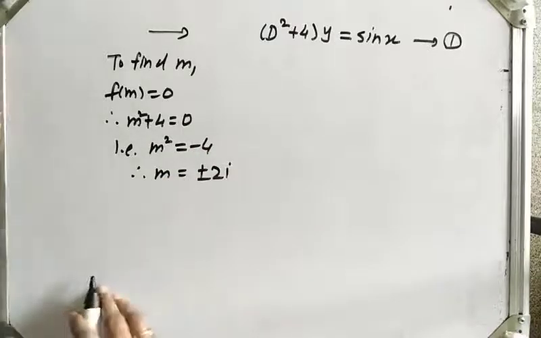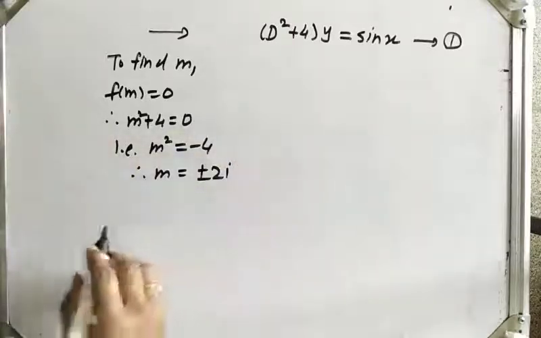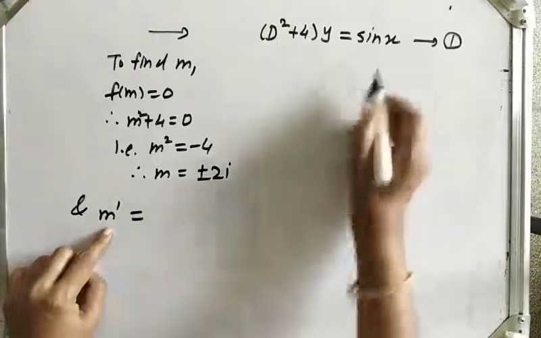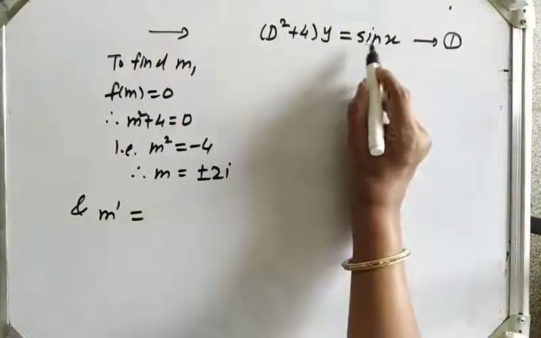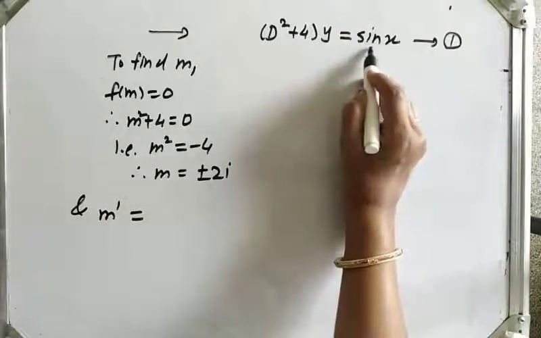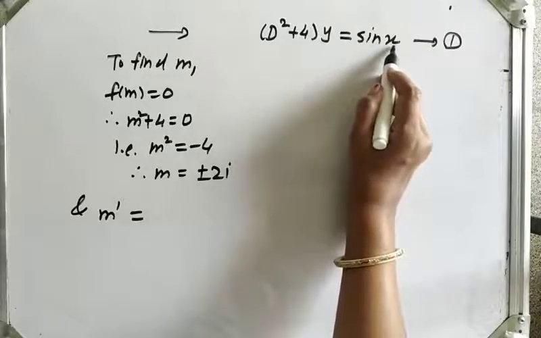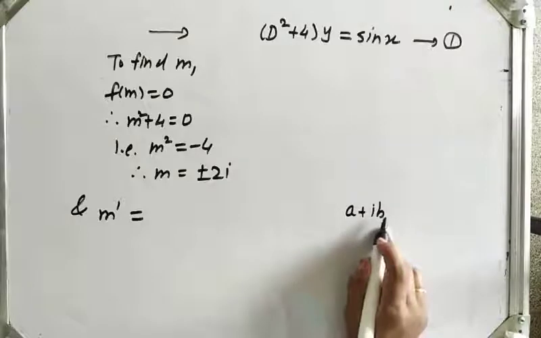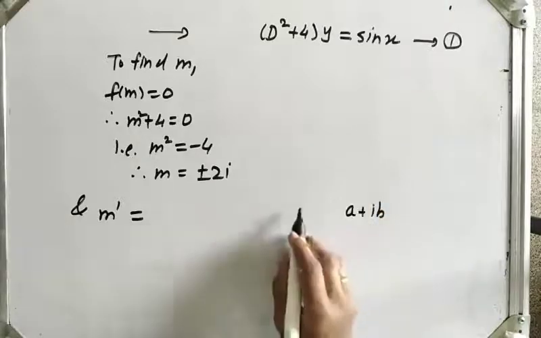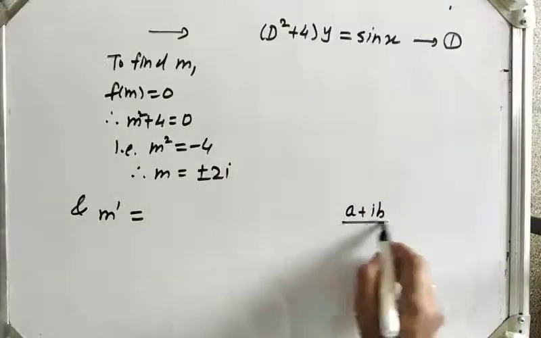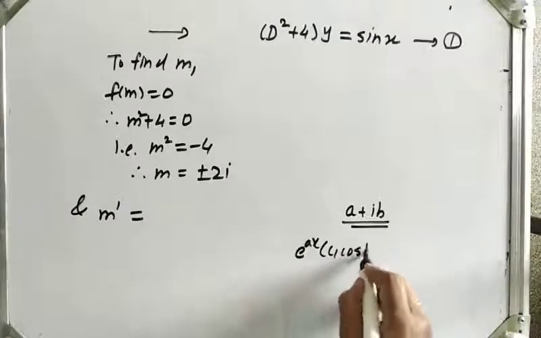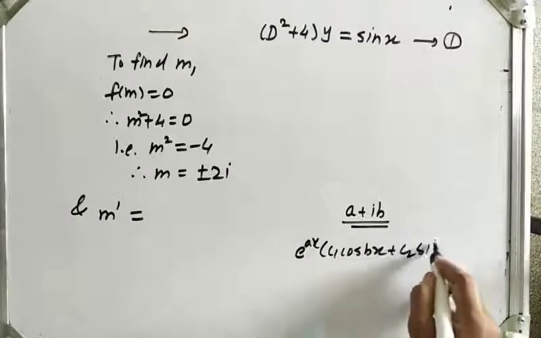This is our m. And what will be m dash? How we find m dash? We will find m dash by sin x. Here is sin 1 of x, means a plus ib, means what is b? Here a is 0, because if a plus ib is a root, then its solution is e raised to ax times c1 cos bx plus c2 sin bx.